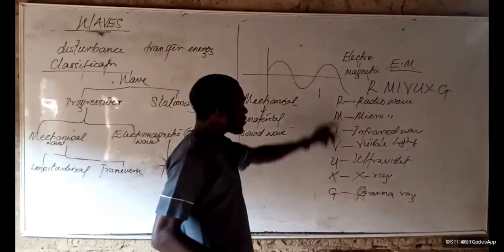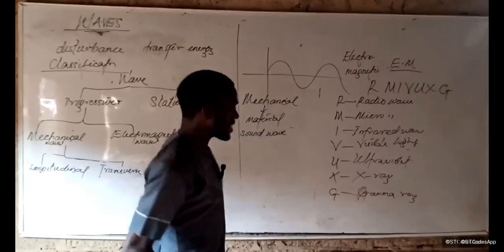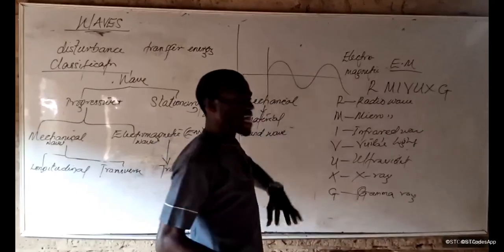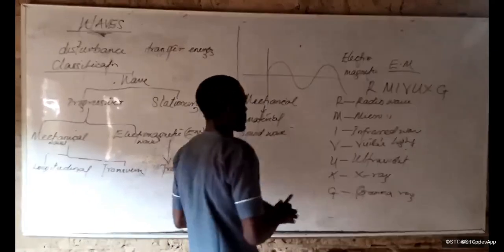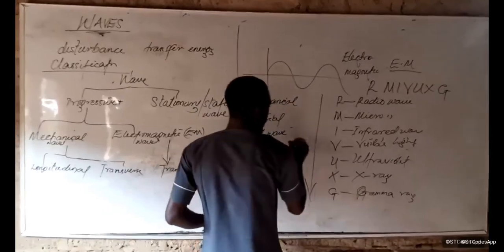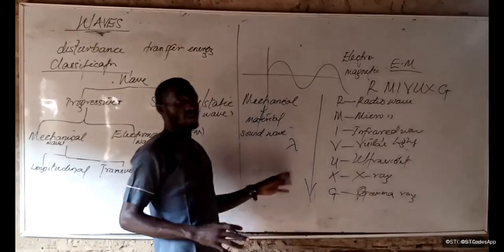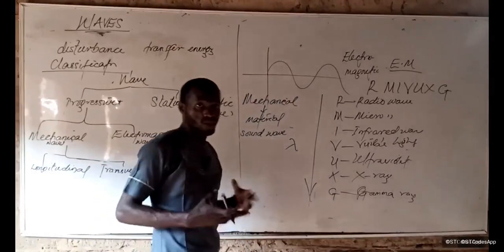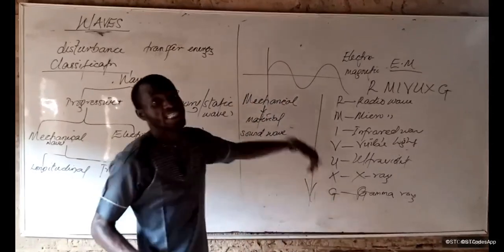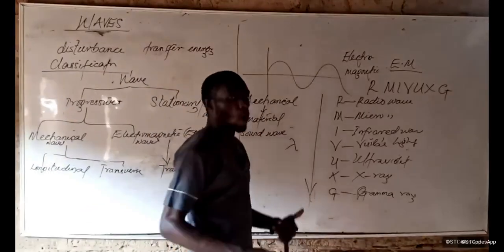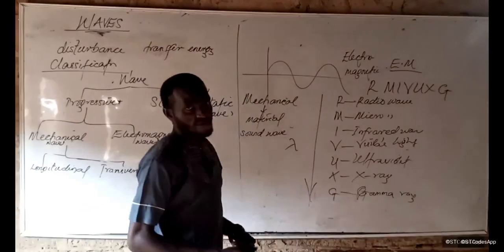So we have this. Now, this order is in the order of their decreasing wavelength. So from here downward, we have wavelength is decreasing. I'm going to talk about this wavelength in a jiffy, but just know that this order is order of decreasing wavelength and order of increasing frequency.